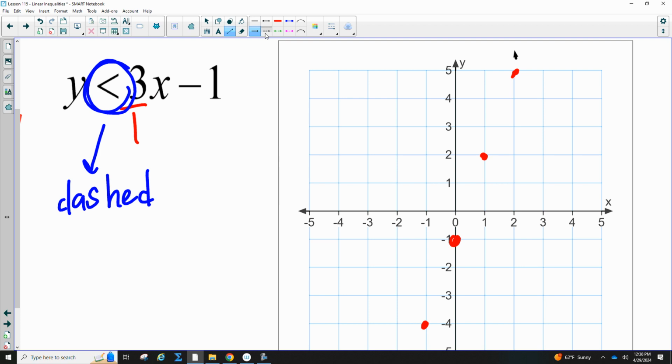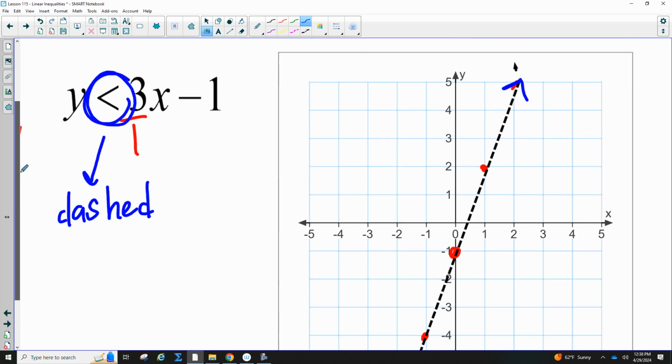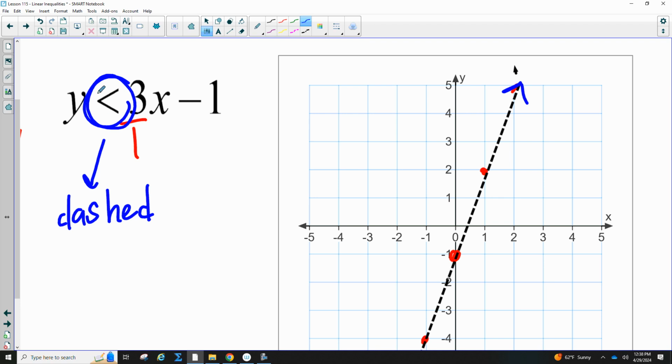We'll dash that on through, and put your arrows on there. And this sign says what? Good, this says less than. It makes an L, which means we shade below.